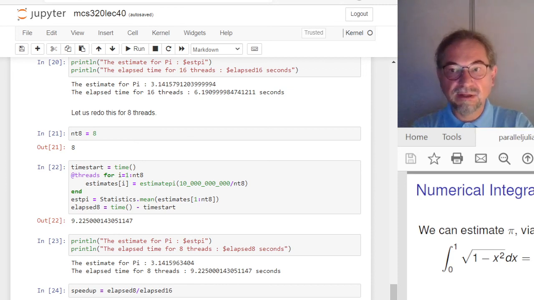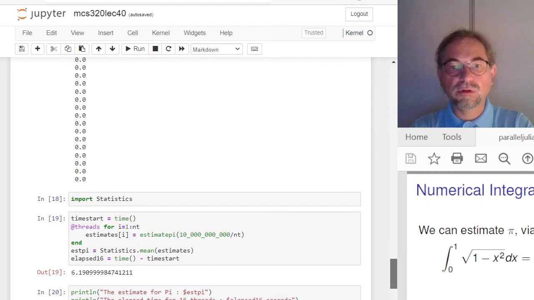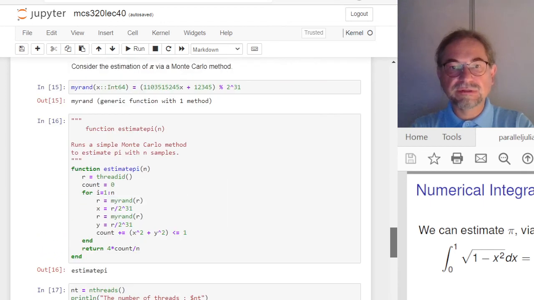So we had observable and realistic speedups, provided also that we choose our problems large enough. So this is for 10 billion simulations. It would not work if you are more frugal with your Monte Carlo simulations.